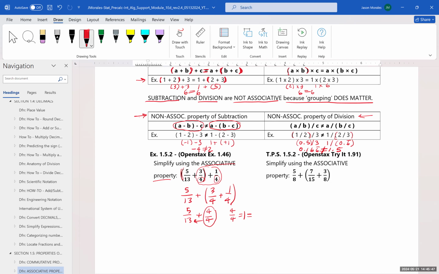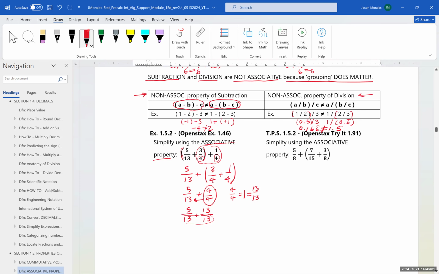So we could write 1 as 13/13. So let's do that. Now these have a common denominator, so we can just add the numerators. So this is going to give us 18/13. So that's the improper fraction. If we were going to make this a mixed fraction, this will be 1 and 5/13.